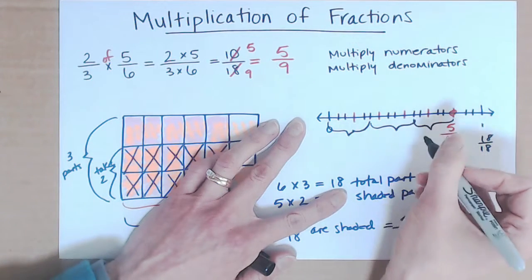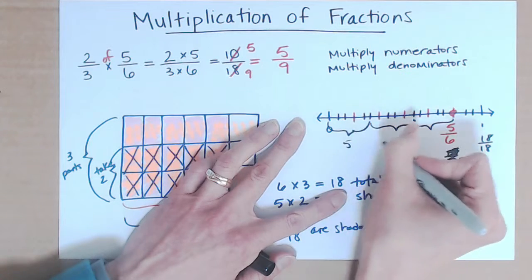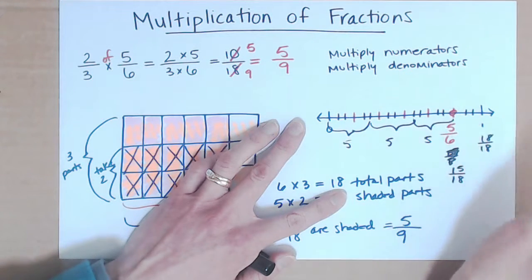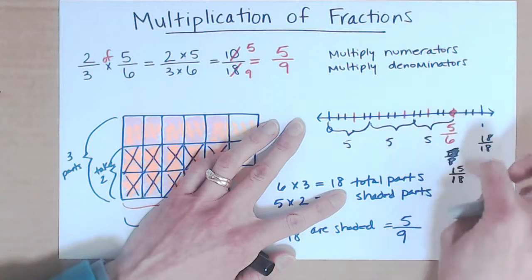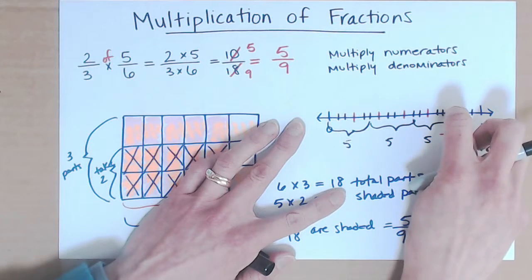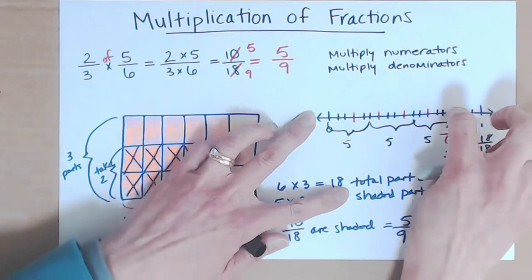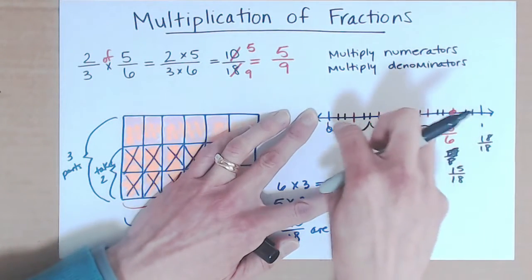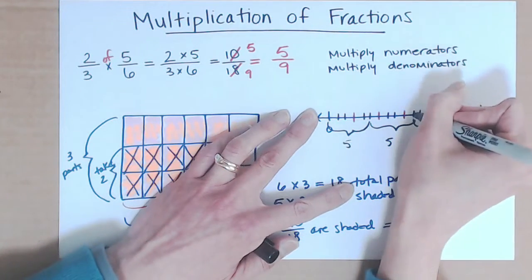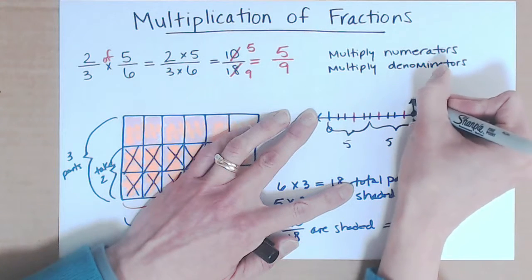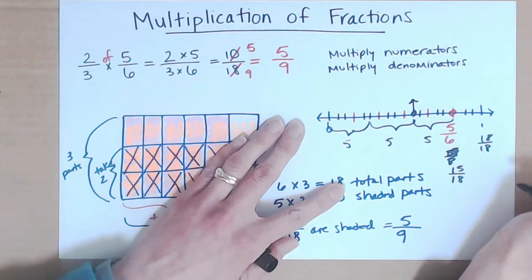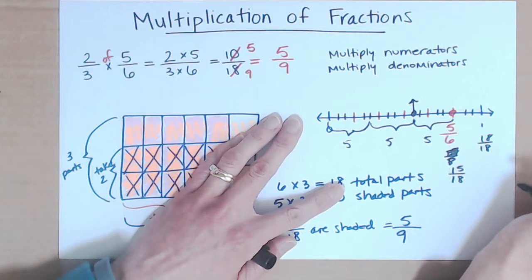Each of these is 5, right? So you get 15/18 here. So again, what are we doing? We're taking 2/3 of this length. Here's 1/3, 2/3. So right here is going to be our answer. That is 2/3 of 5/6.